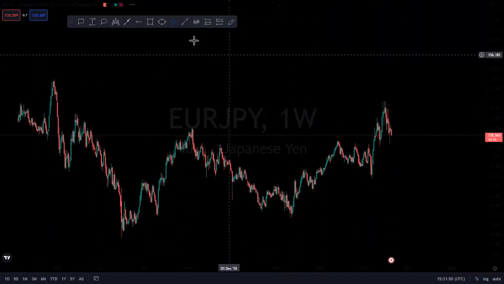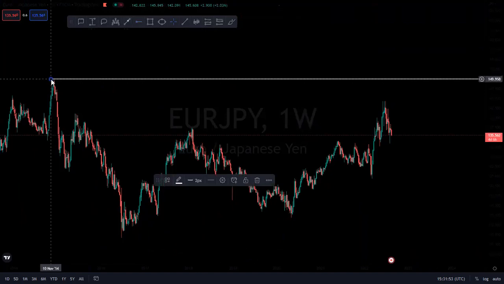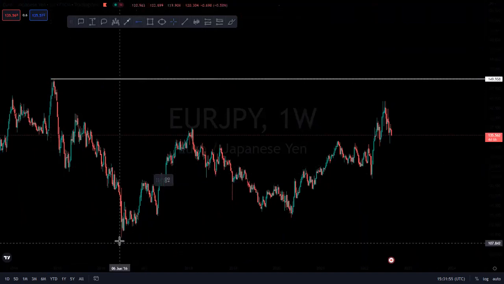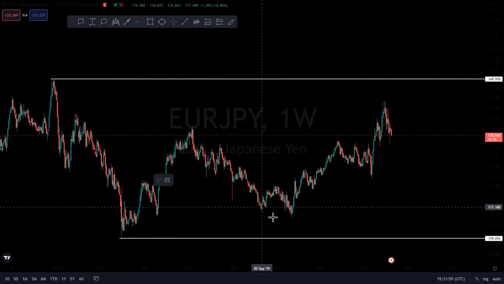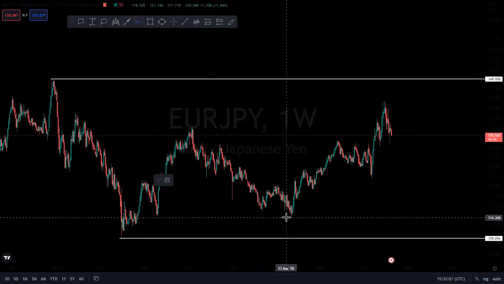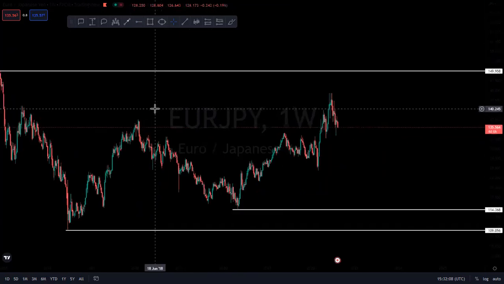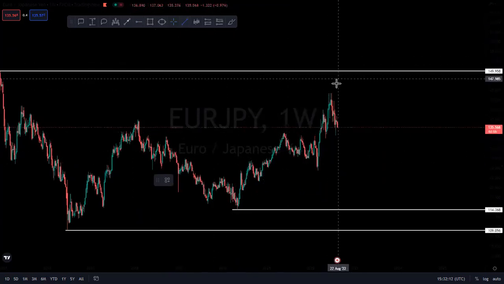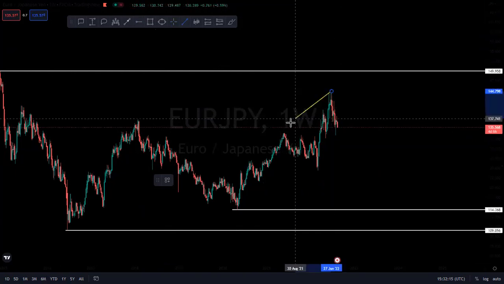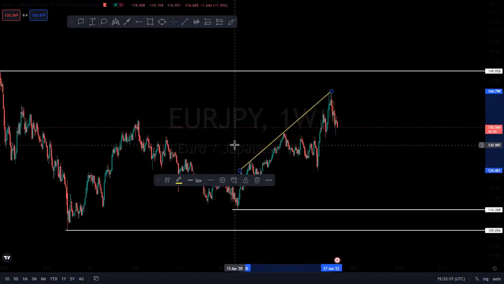So from here, we'll just focus on this as our highest high, lowest low, importance level. Then from there, 1, 2, 3.